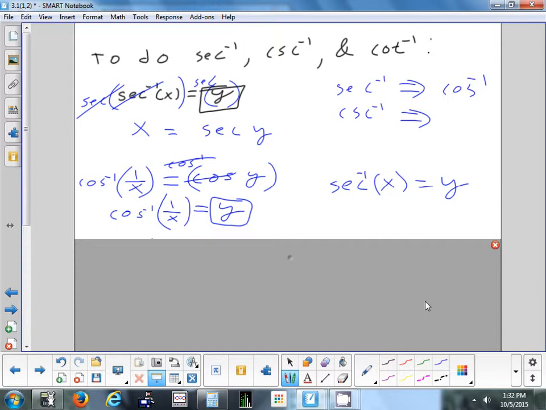Inverse sine. And if you see inverse cotangent, which trig function would you use? Inverse tangent. So these are the ones you have to change it to. You change it to that function and then just flip what's inside.